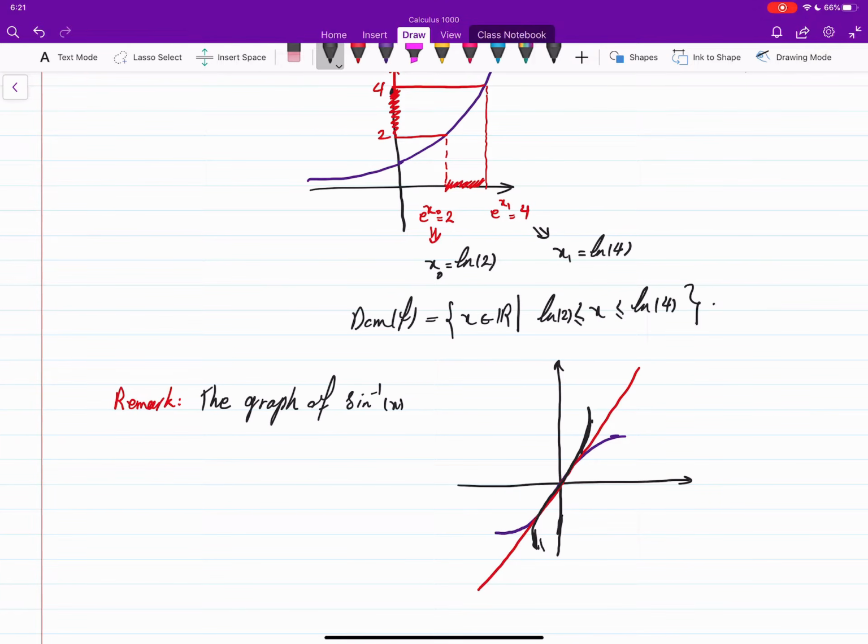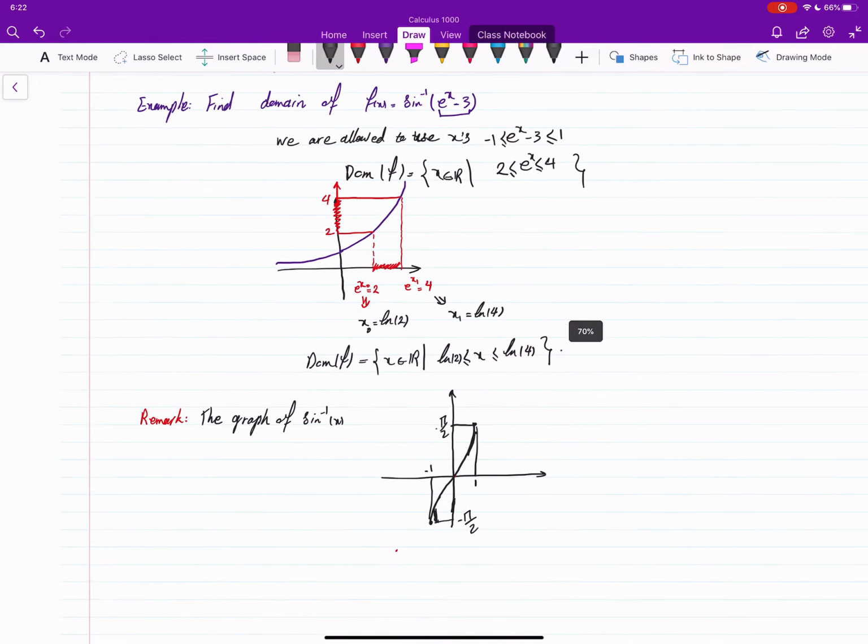So if I delete these guys here, okay, almost, yeah, something which goes here, which goes from -1 to 1, the domain is there, and the range is negative pi over 2 and pi over 2.